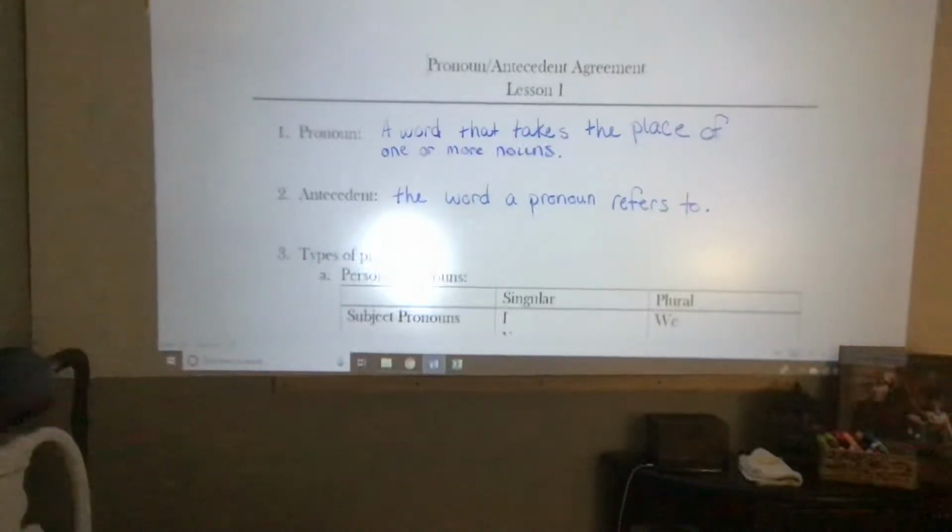So our first notes that you're going to take today, and this will be in your Schoology as well. You need to fill out the definition of a pronoun. A pronoun is a word that takes the place of one or more nouns. You should know that by now. What I'm finding, after doing a lot of research with the SAT questions, is that there are several that are referring to pronoun antecedent agreement.